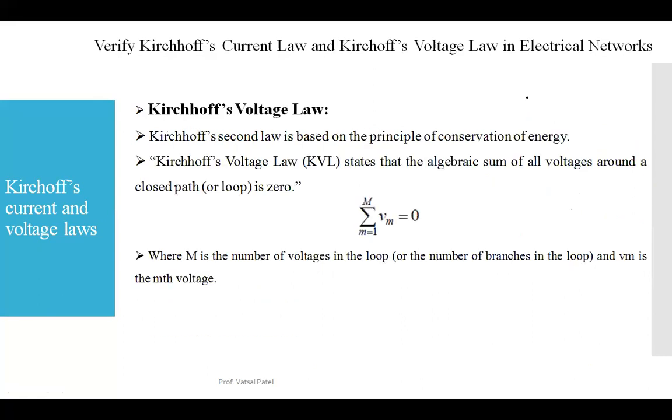Then KVL, which is based on the principle of conservation of energy. It states that the algebraic sum of all the voltages around a closed loop path is equal to 0. First of all you have to identify whether there is a closed loop path in the circuit. Then you can identify the voltage across each element, and the algebraic sum of all the voltages in that closed loop path is equal to 0.